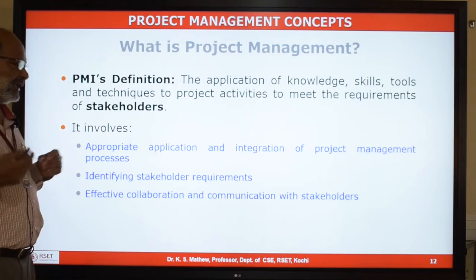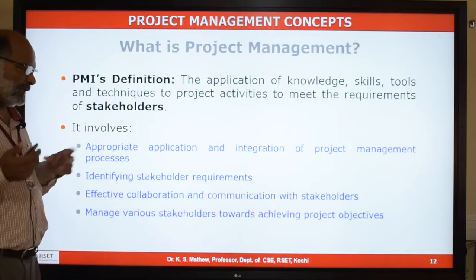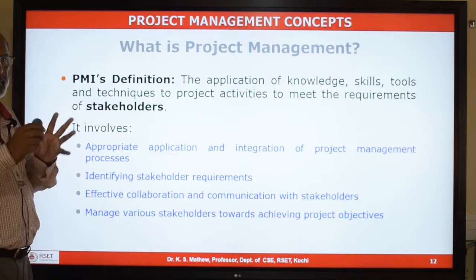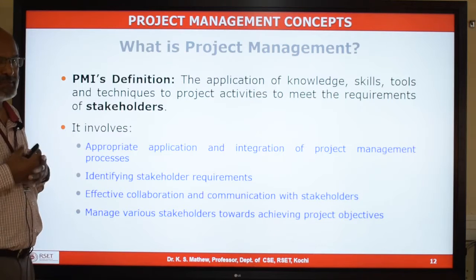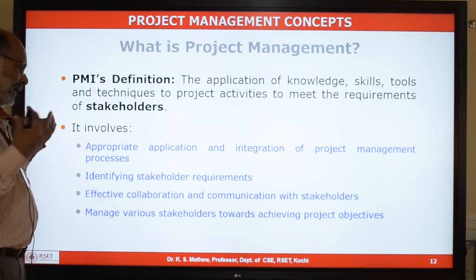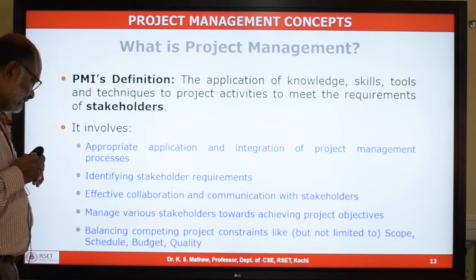Effective collaboration and communication between various stakeholders, managing various stakeholders towards achieving project objectives. There could be conflicting requirements from different stakeholders, so it is your responsibility as a project manager to resolve the conflict, if any, and try to satisfy all the stakeholders.